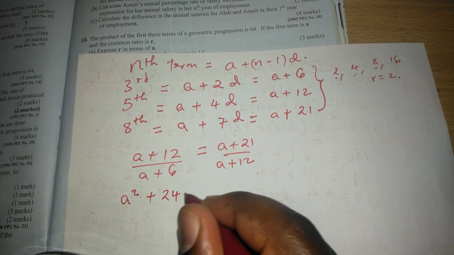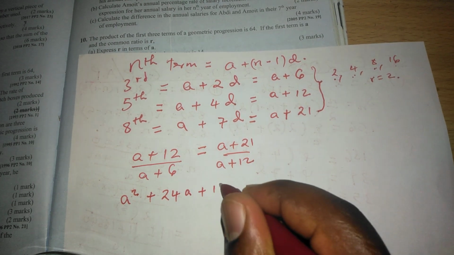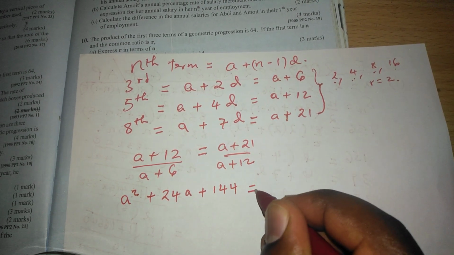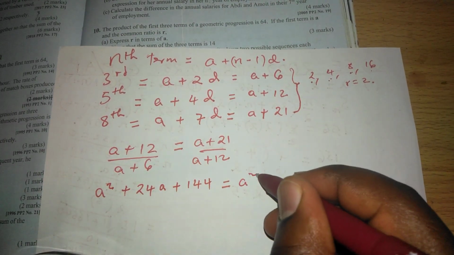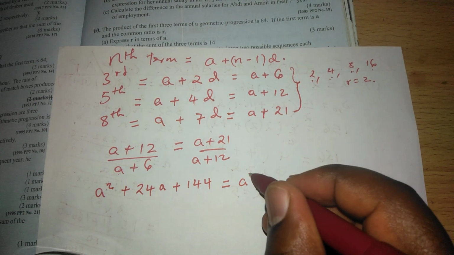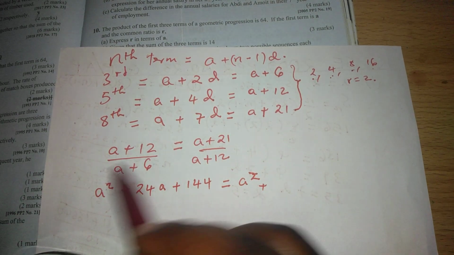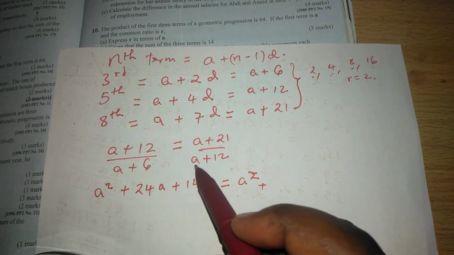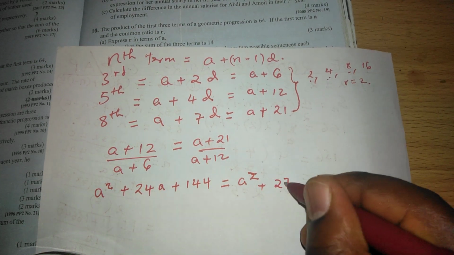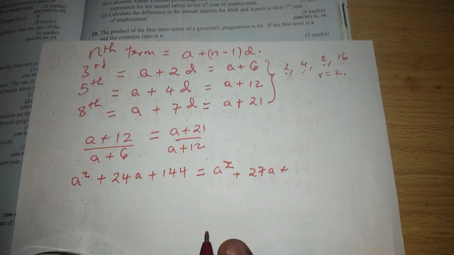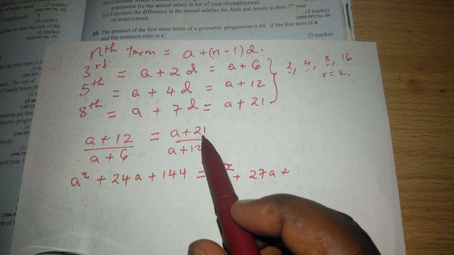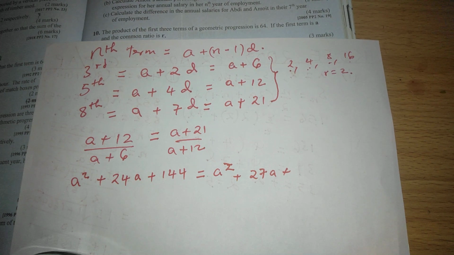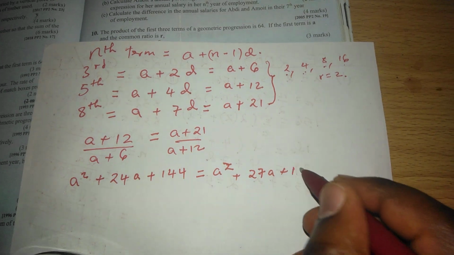and cross multiplying we get A squared plus 24A plus 144. This equals, when we multiply A by A, we get A squared, plus 21A plus 6A. So that becomes 27A plus 6 multiplied by 21, which gives us 126.